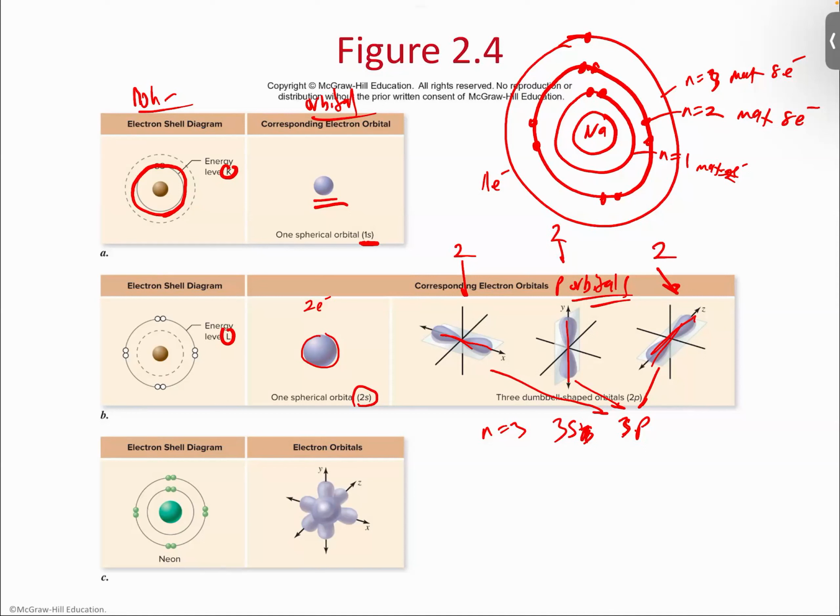Now, when you put all these together, what you get is this kind of smash together. So all these exist together. So you have your 1s, your 2s, and your 2p, and your 3p, whatever, right? These all basically get crammed together around the nucleus. And that's what creates your cloud. So here you can see what this looks like.